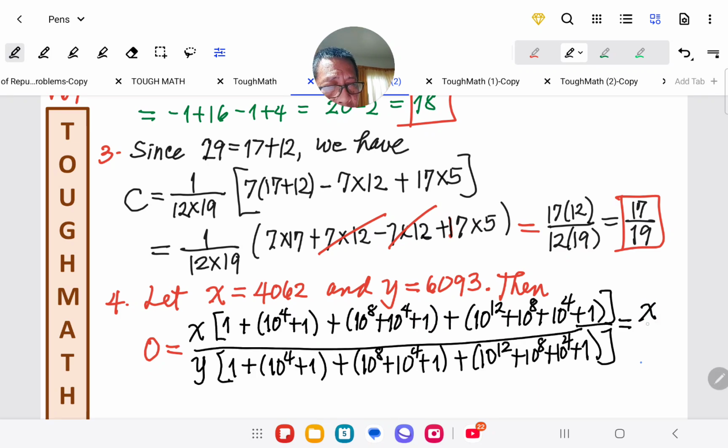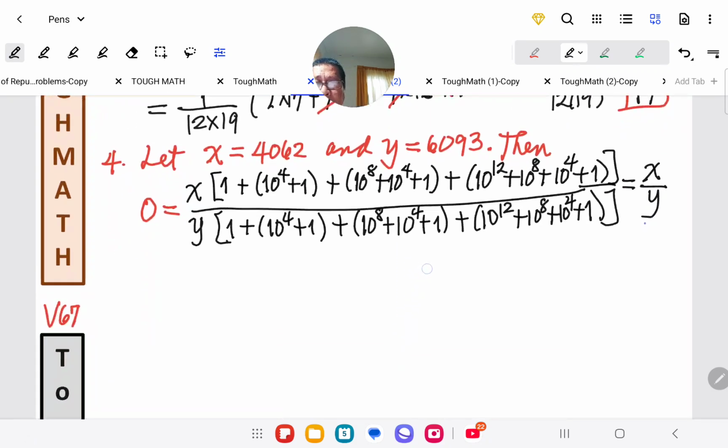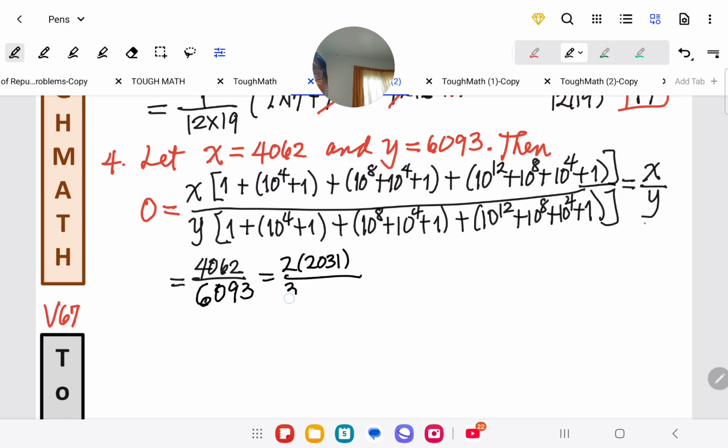So we are left with x over y, which is 4062 over 6093, which is actually 2/3, because 4062 is 2 times 2031, and 6093 is 3 times 2031. So this is 2/3.